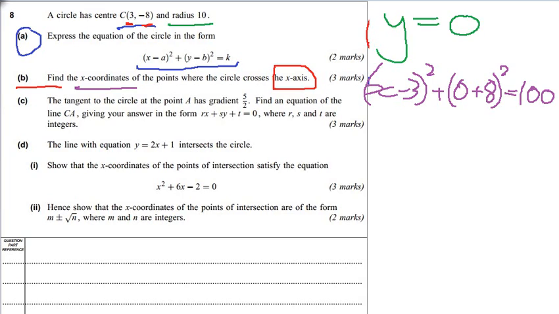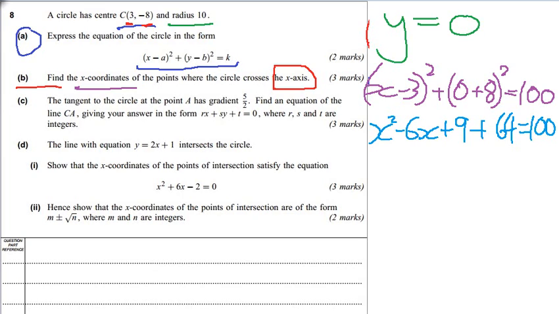Right, let's multiply out those brackets at the beginning. So we've got x squared minus 6x plus 9, plus 64 equals 100. Now it looks like we're going to get a quadratic out of this, so let's put it into something we recognize a little bit more with a 0 on the end of it.